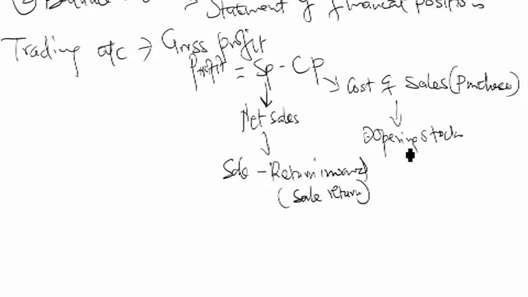That is the opening stock. When you have the opening stock which is brought from the previous year, the current year will add to the opening stock new purchases. That's number 2 item of the cost of sale, the purchases that we have purchased this year.